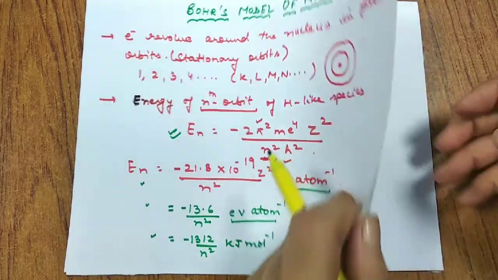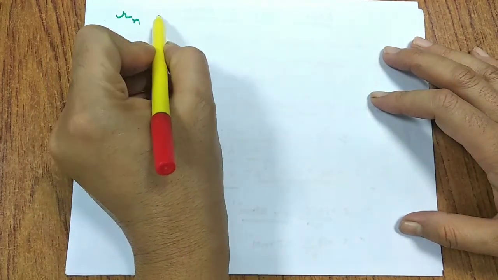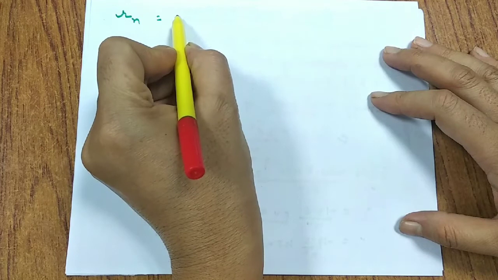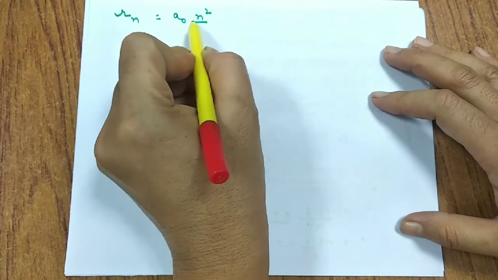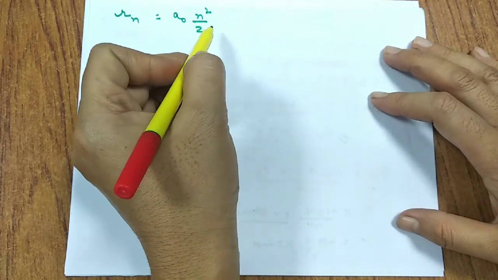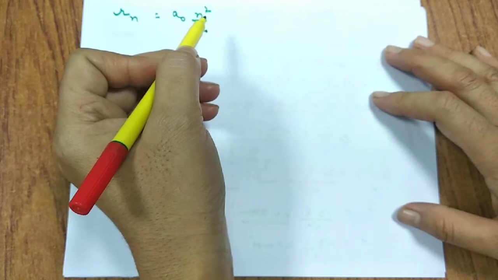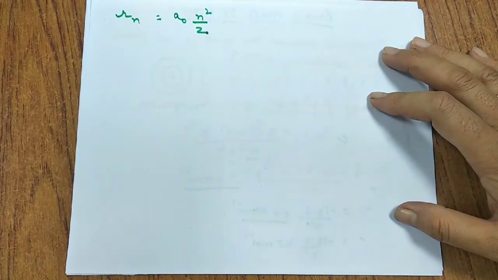Similarly, at the same time he has explained the radius and the velocity. The radius for the nth orbit comes out to be a naught n square by z. What is this a naught? This is the radius of the first orbit of the hydrogen atom.